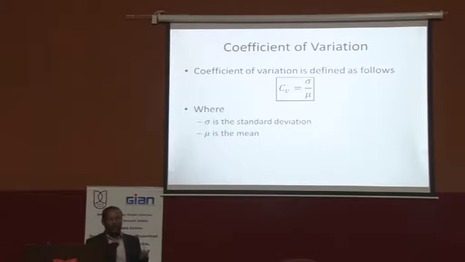Whenever you do simulation, there has to be some sort of validation. We do this through a lot of statistical analysis. One of it is called coefficient of variation. The formula is very simple: it is the standard deviation divided by the mean, and we will talk about this in detail also.